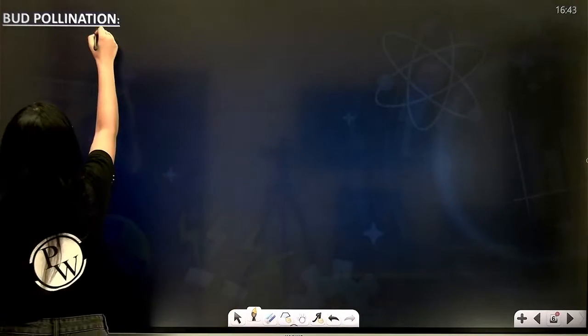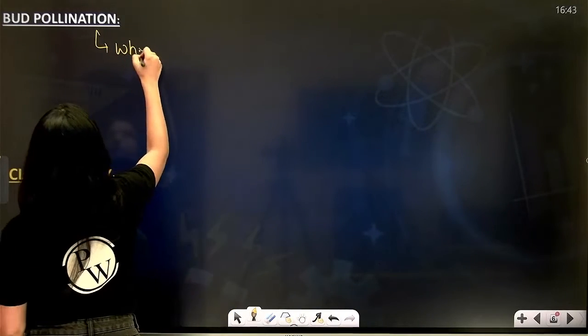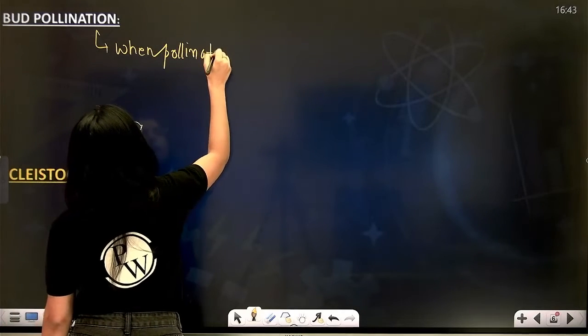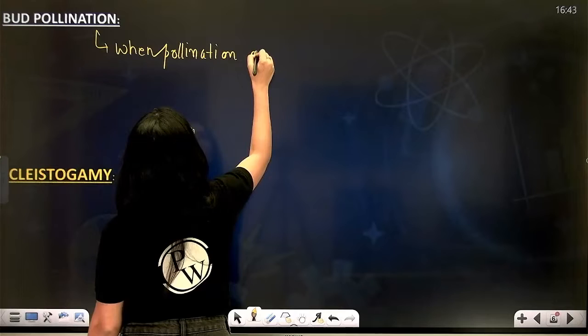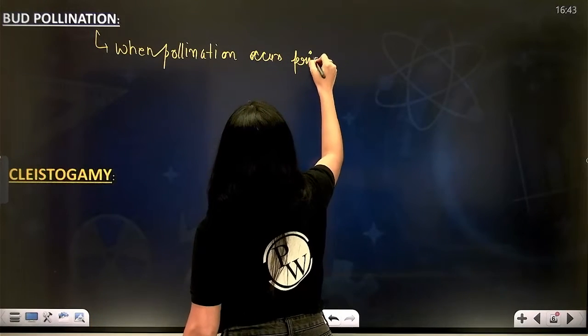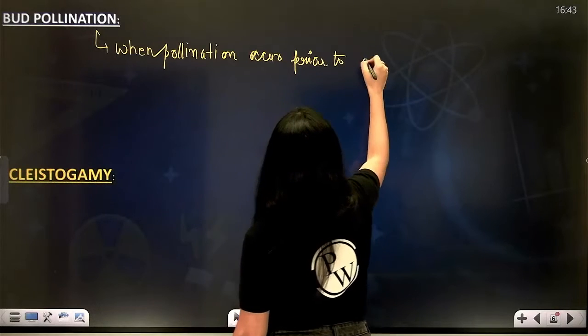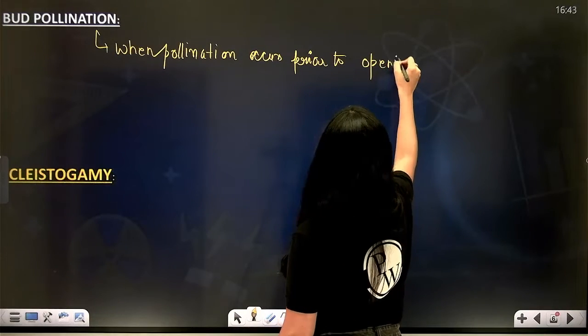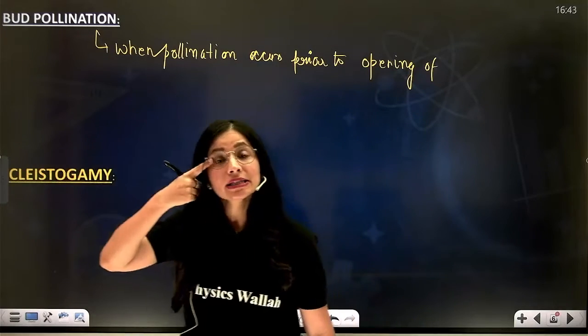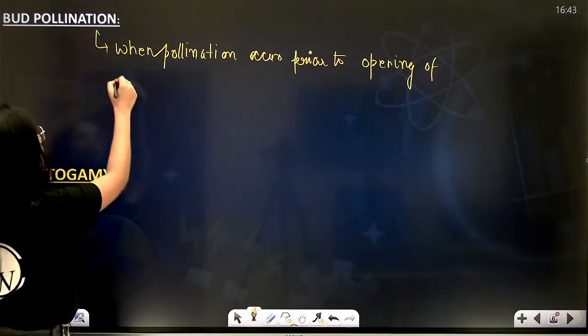Okay. So what is bud pollination? When pollination occurs prior to opening of the flower. That means in bud stage only, prior to opening of the flower.